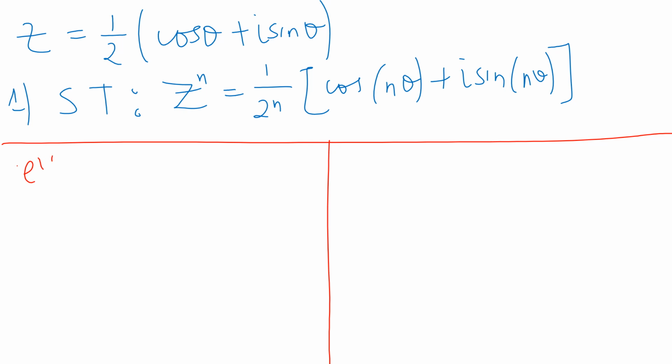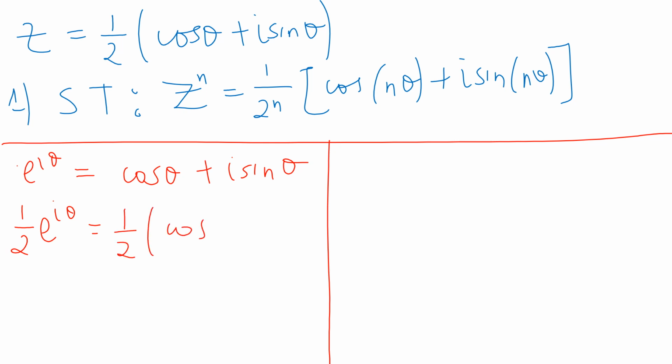e to the i theta, basic definition, is cos theta plus i sin theta. Do we agree? Yes, you agree. Now half times e to the i theta is half times cos theta plus i sin theta.